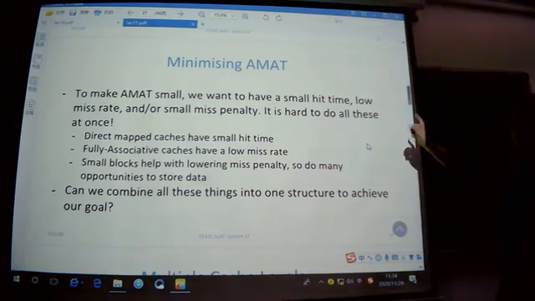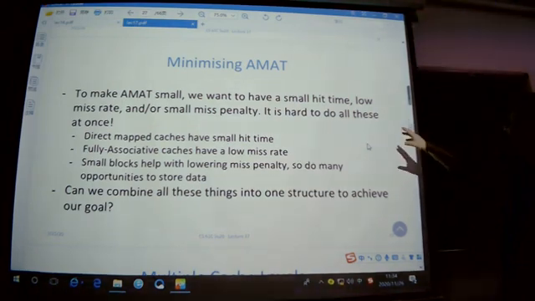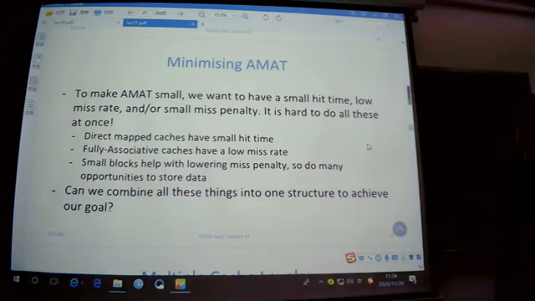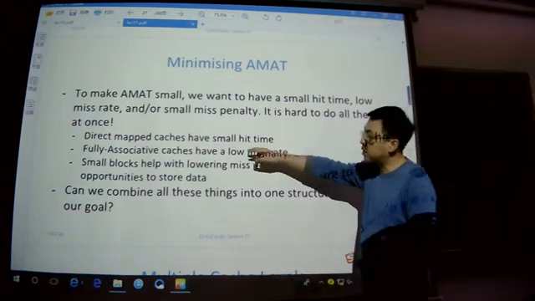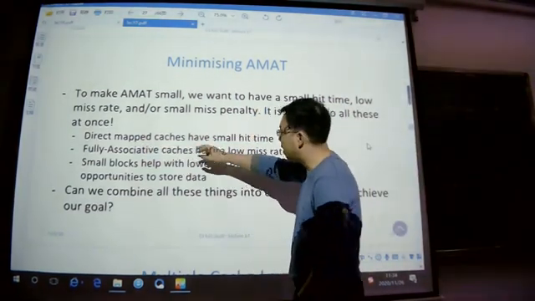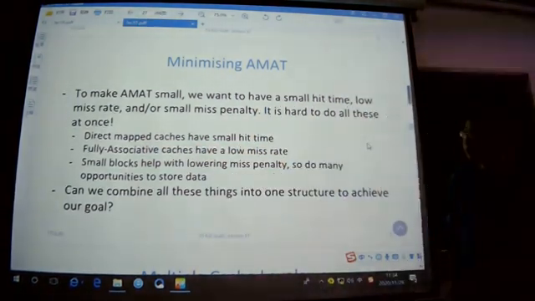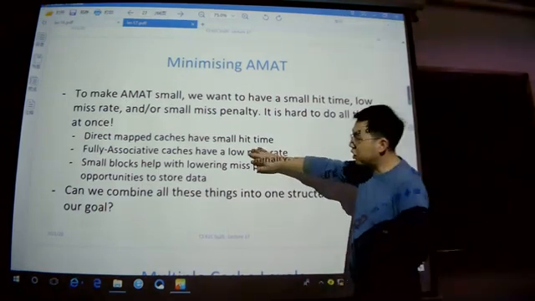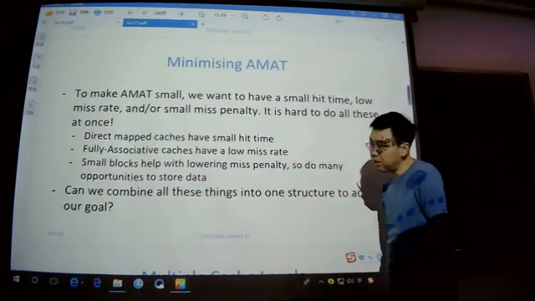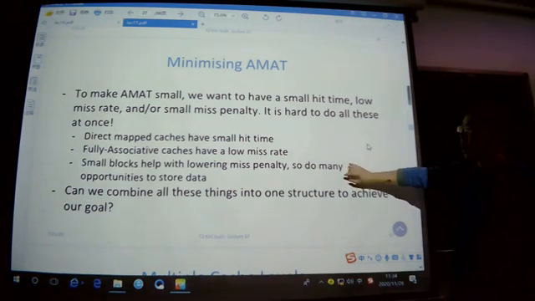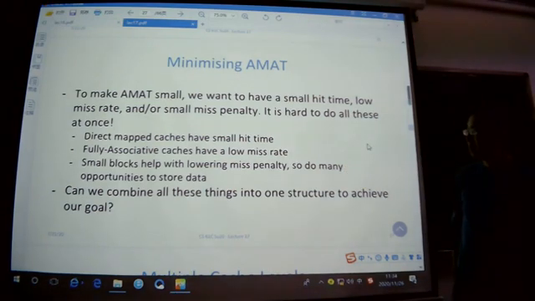So compromise is necessary. We can find the direct mapped cache has a small hit time. A fully associative cache has a low miss rate. Small blocks help with lowering miss penalty.